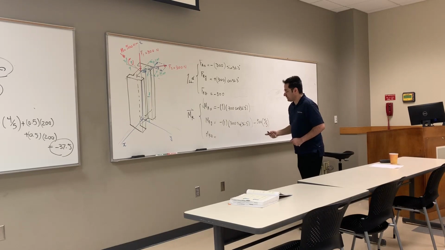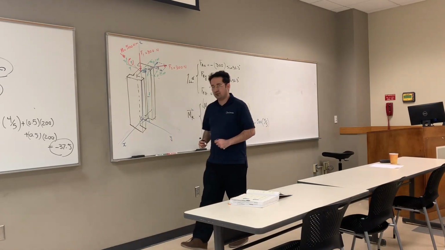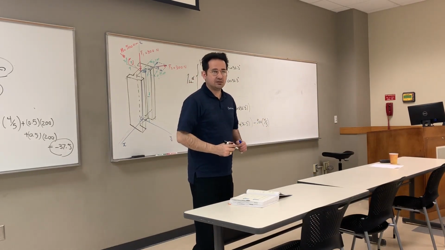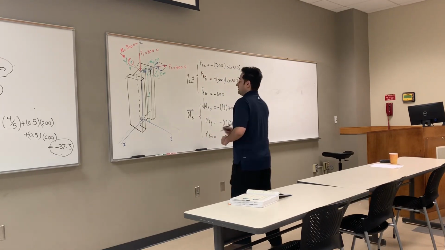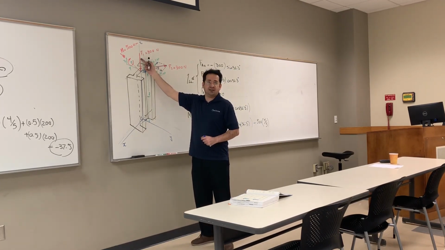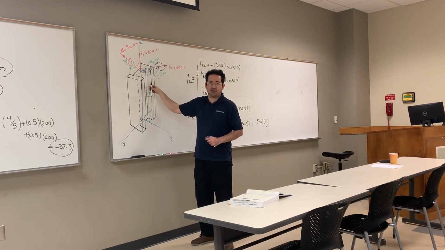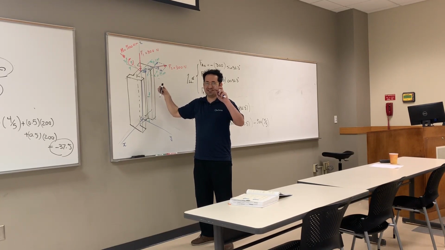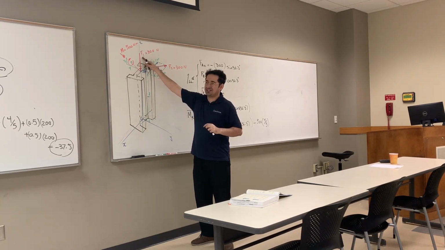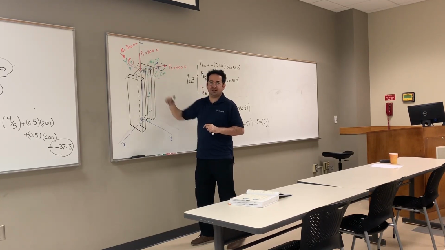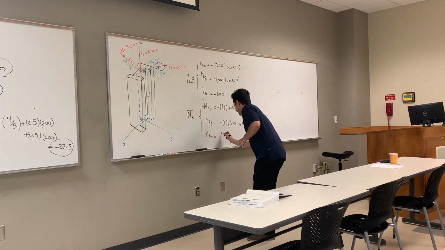Right? So let's find the moment about the z-axis, using the same procedure. Let's start with this one: 0. Why? Because it not only goes through the z-axis, it's parallel, so two conditions. So this is 0. What about this one? 500 times 3/5.